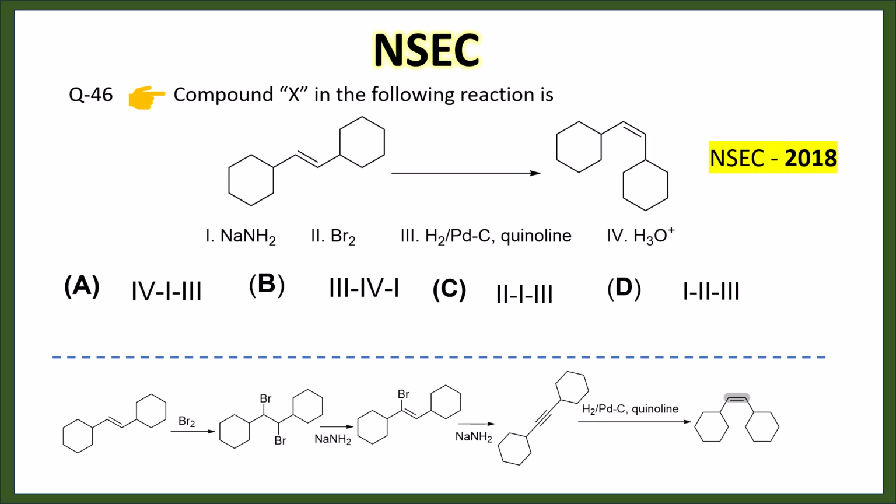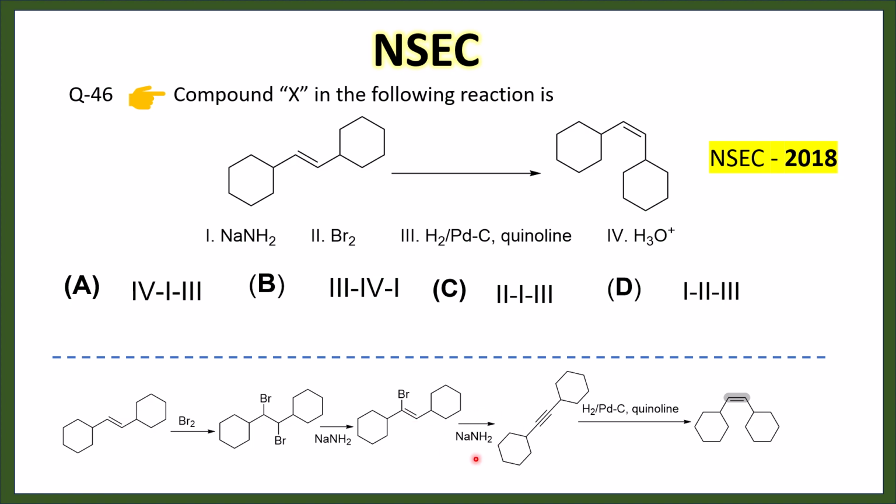Now question number 46, compound X in the following reactions is... here trans to cis alkene conversion, or isomerization, we have to choose the right set of products. In this case bromination happens to the trans alkene, giving the dibromide product. Further, with a strong base, elimination happens, giving this bromoalkene.